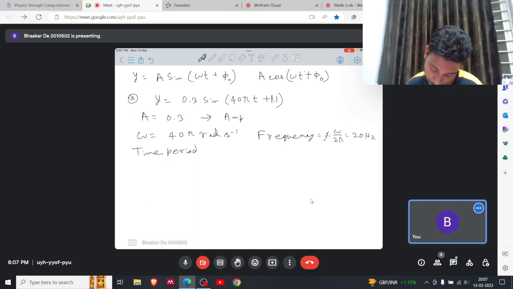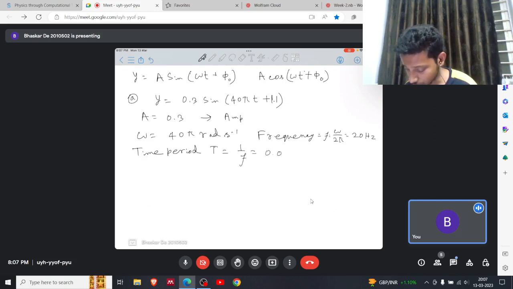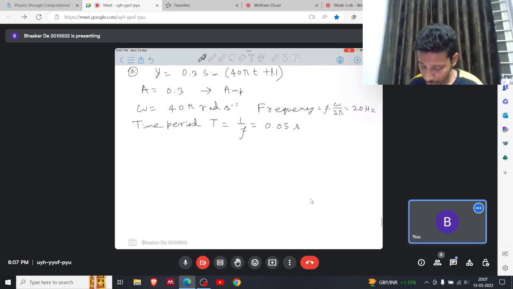Time period T equal to 1 by f, that is 0.05 second, and initial phase is 1.1 radian.